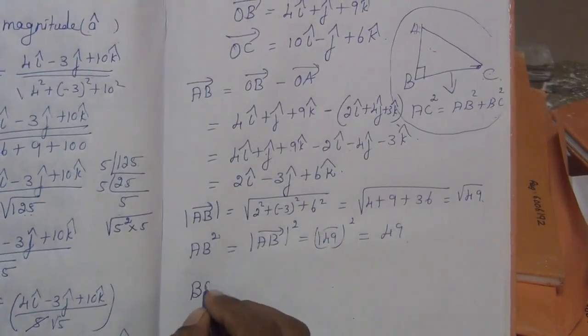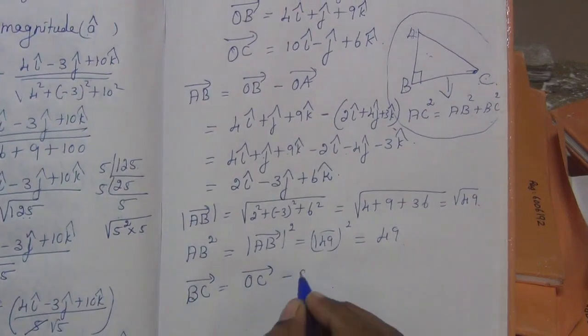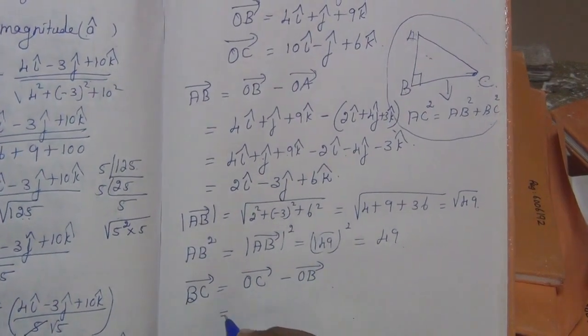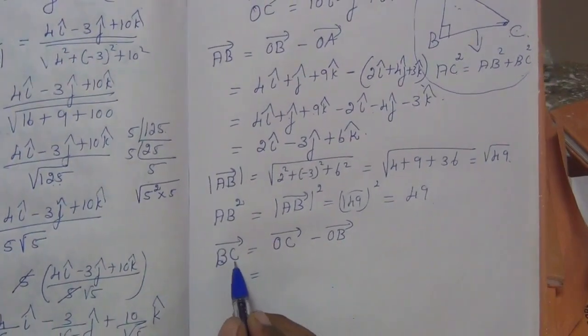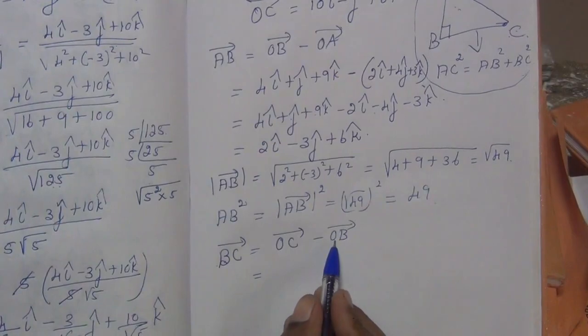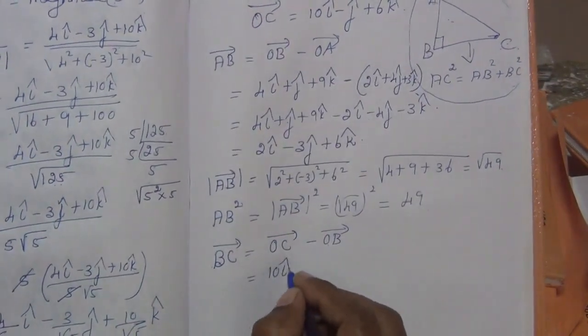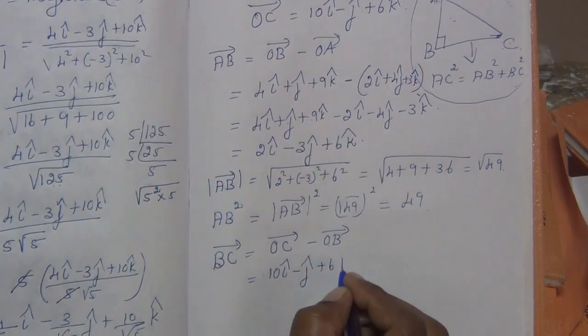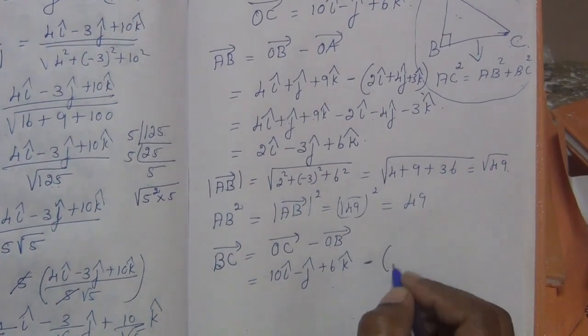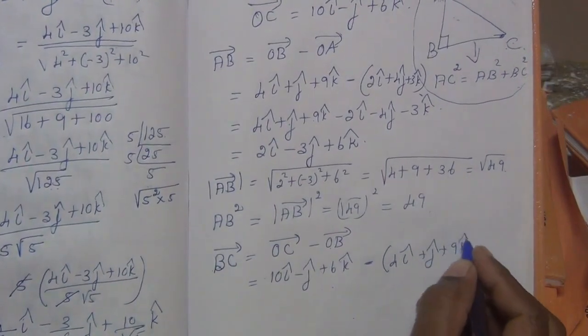Now we can find BC vector. BC vector is OC vector minus OB vector. It's easy to keep in mind: second one minus first. So OC vector 10i cap minus j cap plus 6k cap minus OB vector 4i cap plus j cap plus 9k cap.